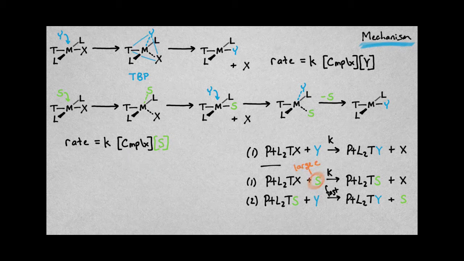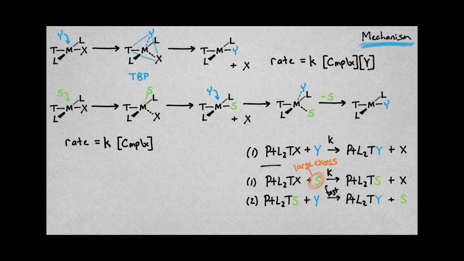But of course, solvent is usually in very large excess compared to the concentration of the complex or even Y, and therefore that is going to be subsumed by our rate constant K, which simplifies our rate equation as shown.